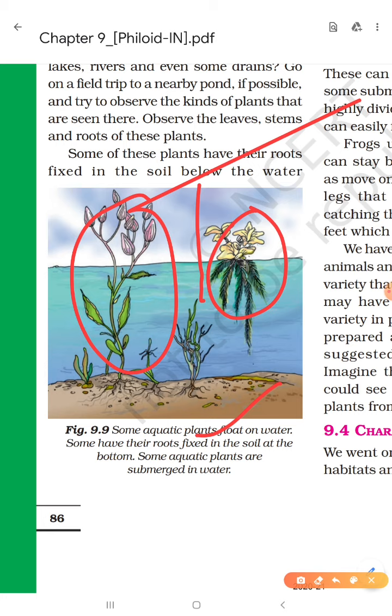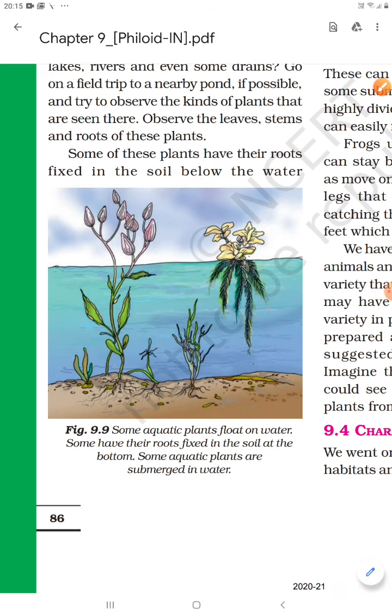However, in aquatic plants, roots are much reduced in size and their main function is to hold the plant in place. The stems of these plants are long, hollow and light. The stem grows up to the surface of water while the leaves and flowers float on the surface of water.